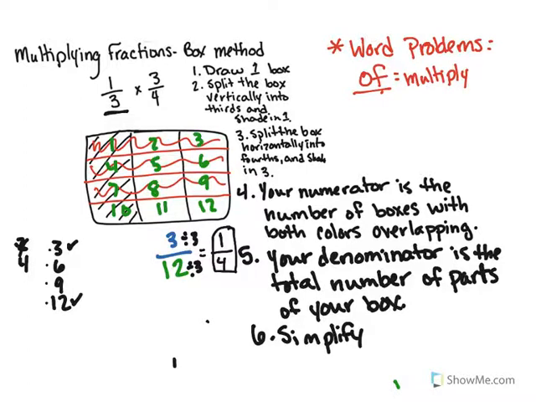So if you have a word problem that says, what is 3/4 of 1/3, you're going to find 1/3 times 3/4. And you can either multiply across, or you can use this box method if you're not as comfortable with your multiplication strategies.